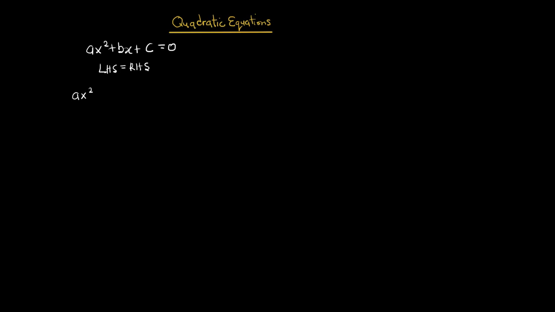It just indicates the quadratic part of the equation. The second part, which is the bx, is the linear part of the equation. And finally, the third part is what we call the constant term.